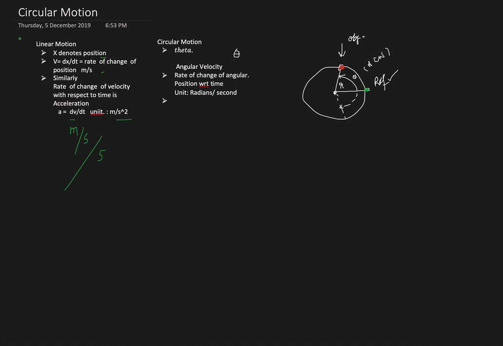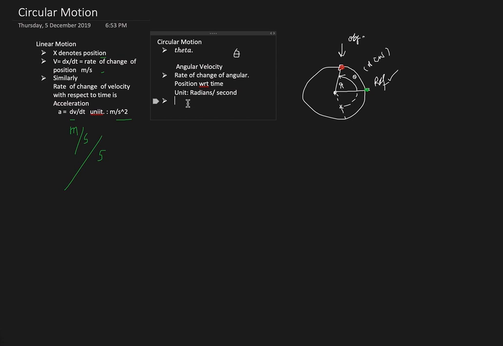How about a circular counterpart of this? What would it mean basically for an object in circular motion to be speeding up? It will rotate faster, or it will go around the circle in a lesser amount of time.